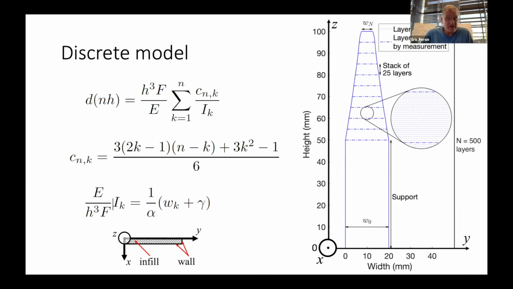If we have n layers, d is the displacement at the tip of the layer, given that a force is applied on top of the beam. The parameters that are important in order to understand the behavior of the beam are a mix of the force that is being applied, the Young's modulus, and the moments of inertia.